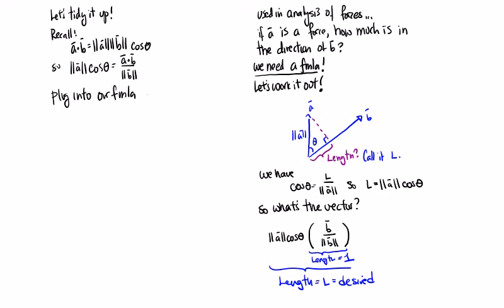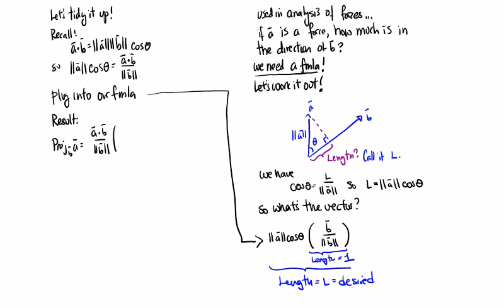Here's the result: the projection of A onto B. Taking the formula from the right, the magnitude of A times the cosine of theta is A dot B over the magnitude of B, times that big parenthetical thing.